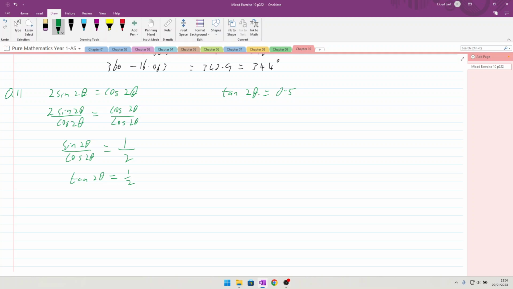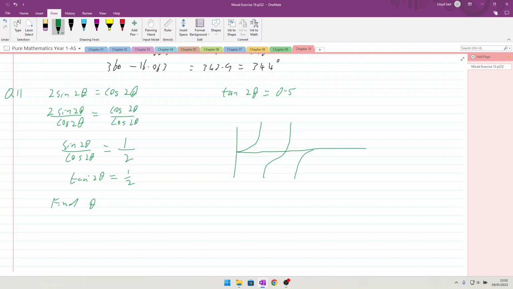Hence find the value of theta to one decimal place in 0 to 360, for which 2 sin 2 theta equals cos 2 theta. Okay, so now find theta. Let's think about this. A standard tan graph goes something like this, and that's normally 360.